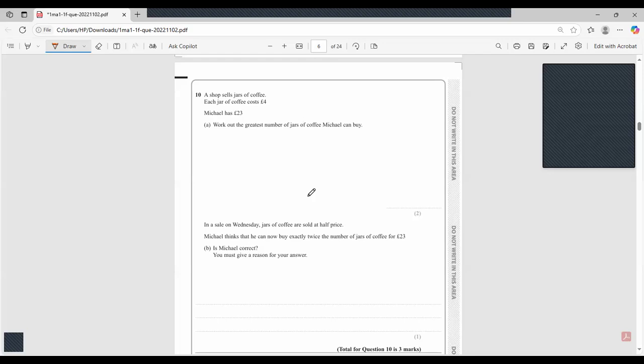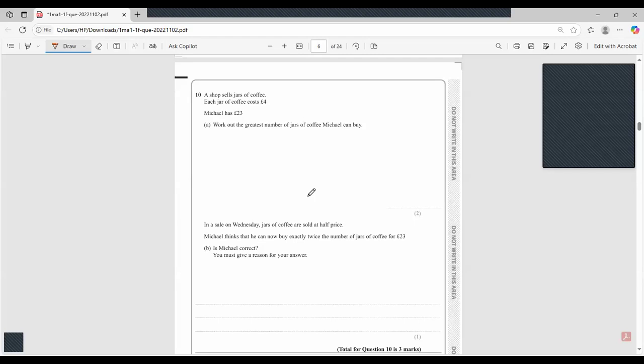Yes, 23. I'm not sure if you said 24 or 23. I'm not sure I heard you right. But it's actually 23. Now, 23 divided by 4 will give me, it's almost 6, but it's not 6. It's going to be 5 remainder 3, right? So since we don't have 3/4 of a jar, let's just pretend that's not possible. Then we have 5 jars.